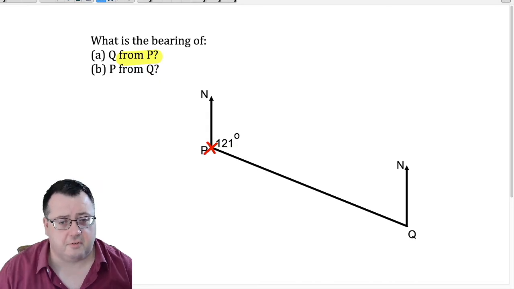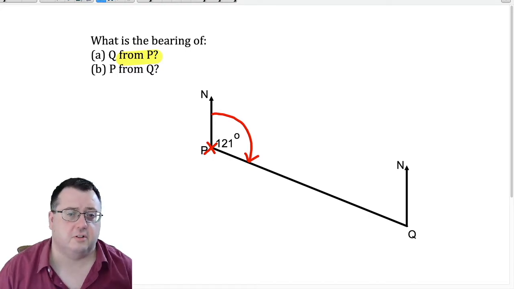If it's not there, you've got to draw it in. You're going to go clockwise, and then what's the angle going to be? Well, the angle will be 121 degrees because it's marked on the question. And that is our answer here, 121.